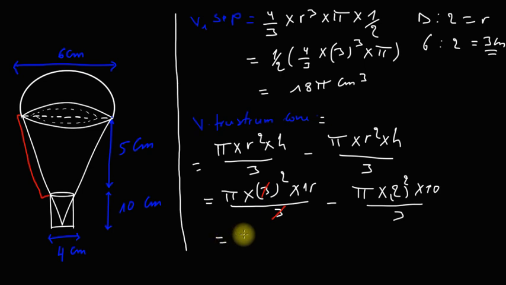This is equal to 95 times pi over 3. This is the volume of the frustum of the cone. The volume we calculated is for this one, from here up to here.